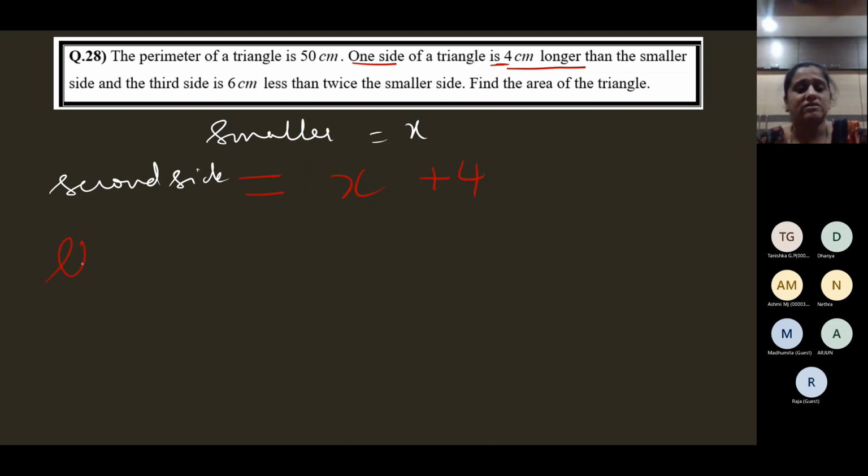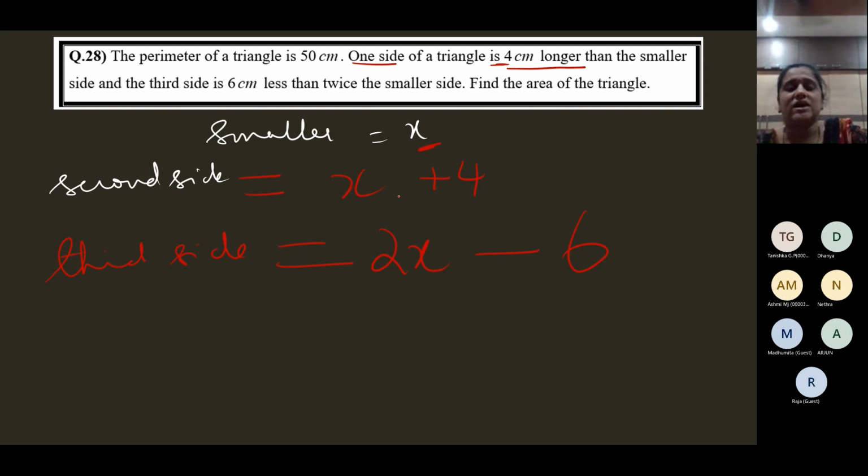Then the third side is equal to 6 centimeters less than twice the smaller side, twice the smaller side, 2x. So these are the expressions for the sides of the triangle.